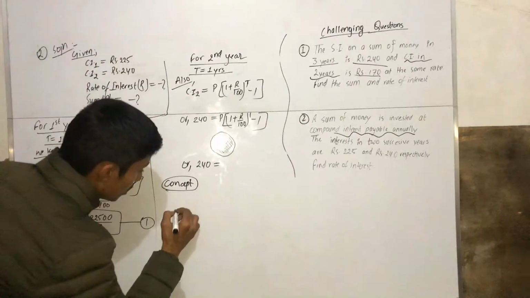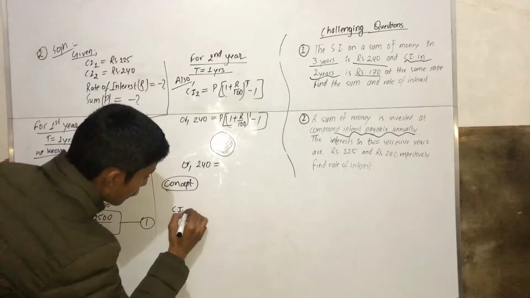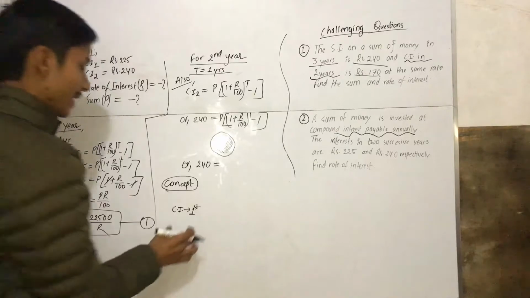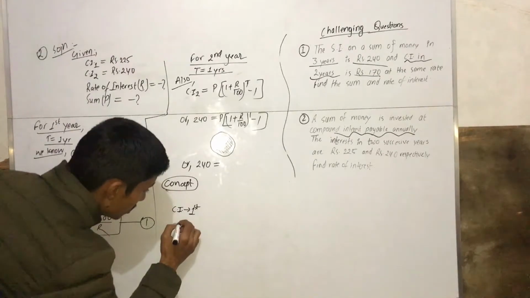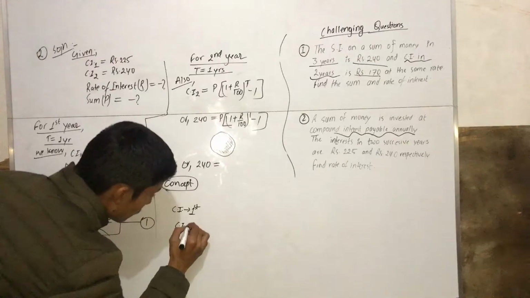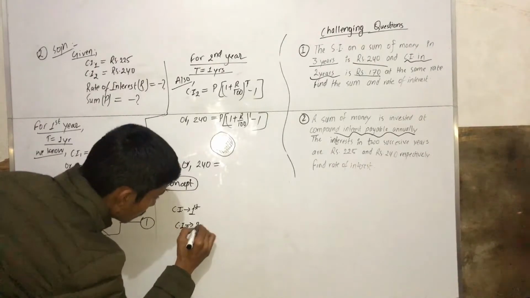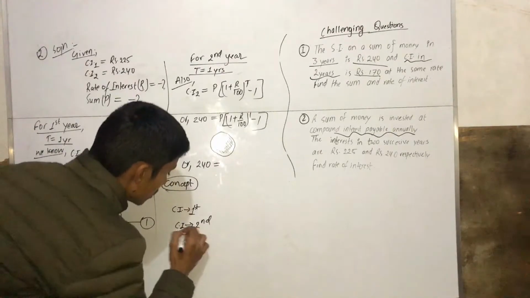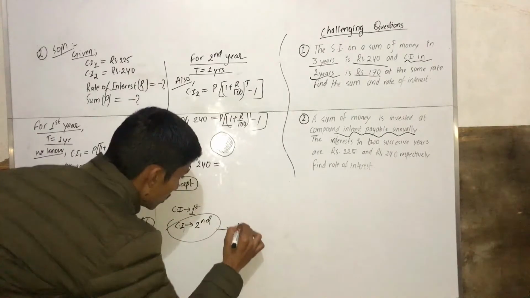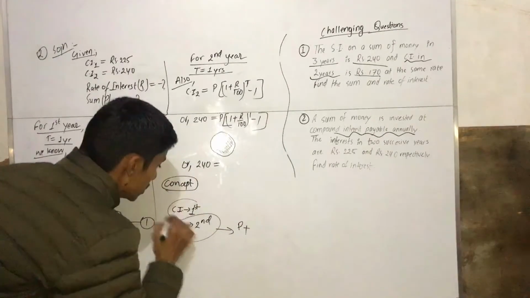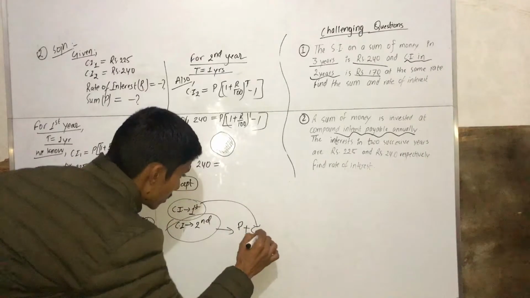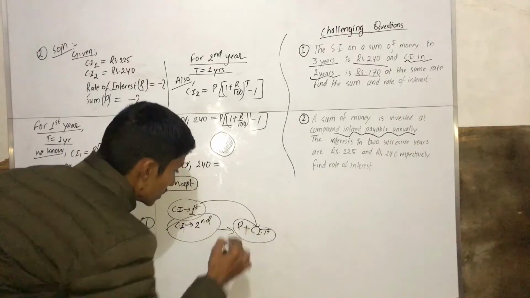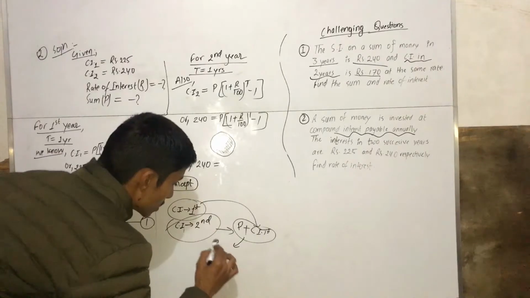If you pay compound interest for the first year, and if you are going to pay the compound interest for the second year, then the principal for the second year will be the principal plus this compound interest for the first year, and this becomes P for the second year.